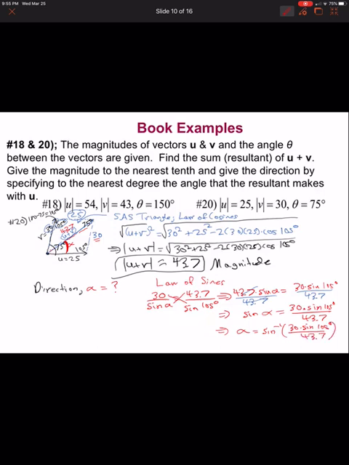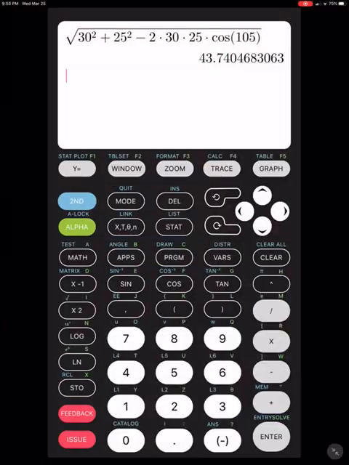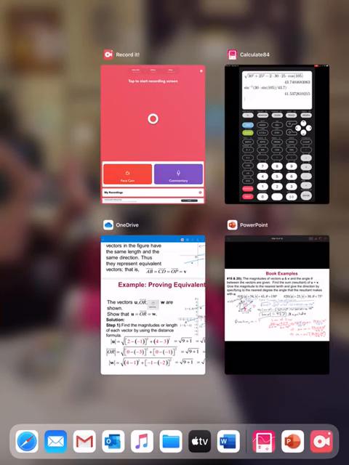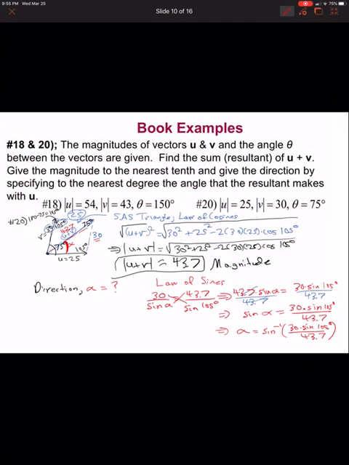So we want to put that in our calculator and see what we come up with. So let's type that in, see what we get for alpha. As we type that in, second sine is sine inverse. We've got 30 times the sine of 105 degrees, with our calculators in degree mode, divided by 43.7, close the parentheses. I got 41.5, so what, 42 degrees? 42 degrees, rounding to the nearest degree.